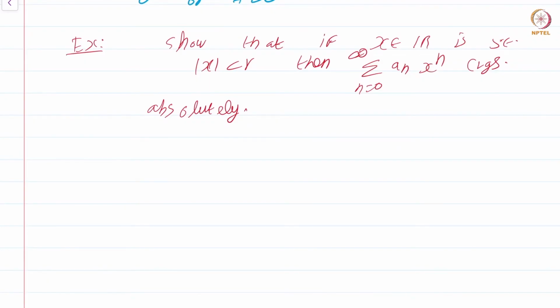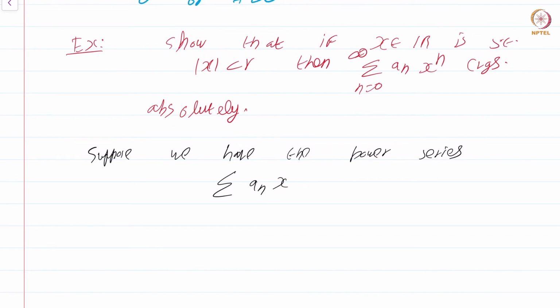Okay, so where does this leave us? Suppose we have the power series, summation n equals 0 to infinity an x power n.